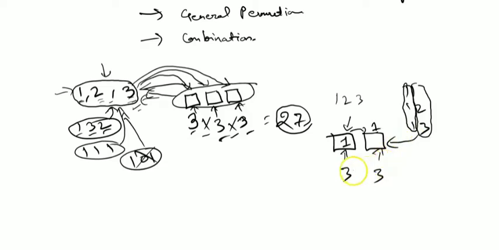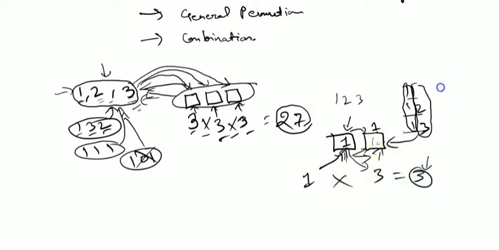That's why, let's say if I had only one choice for the first slot, then because I can fill either 1 or 2 or 3 in the second slot, the total outcome would be 3 numbers.